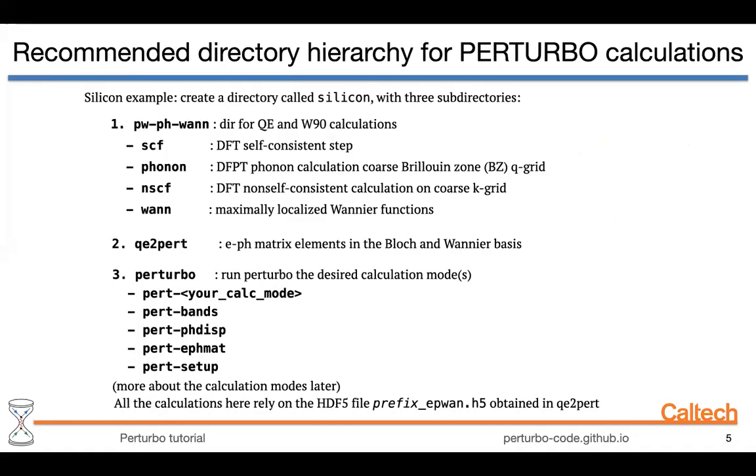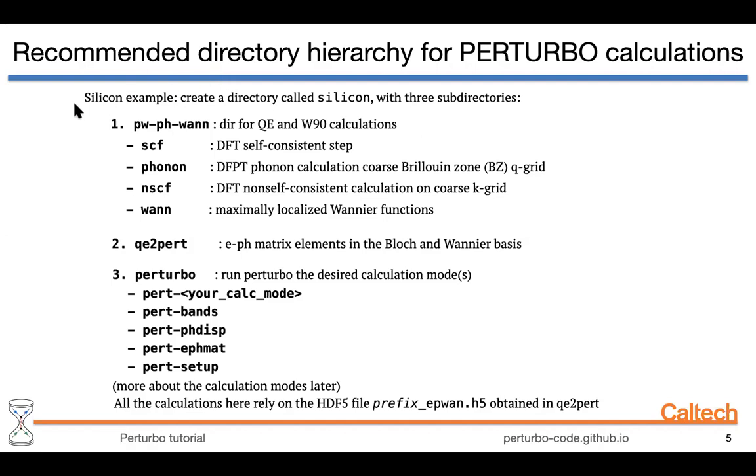Before running any calculation with Perturbo, because we need to run DFT calculations, density functional perturbation theory for the phonon calculation, and Wannier90 calculations, you are going to have many input files and output files for those calculations. So here we recommend a directory hierarchy for you to organize all the input and output files from the different source codes.